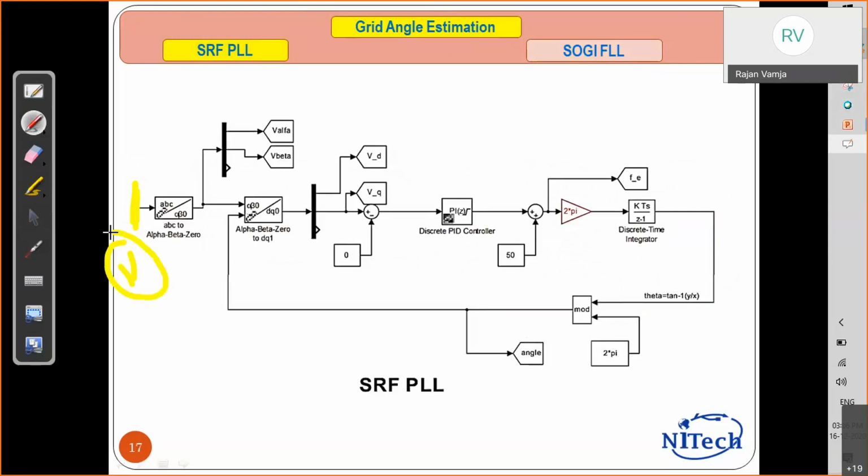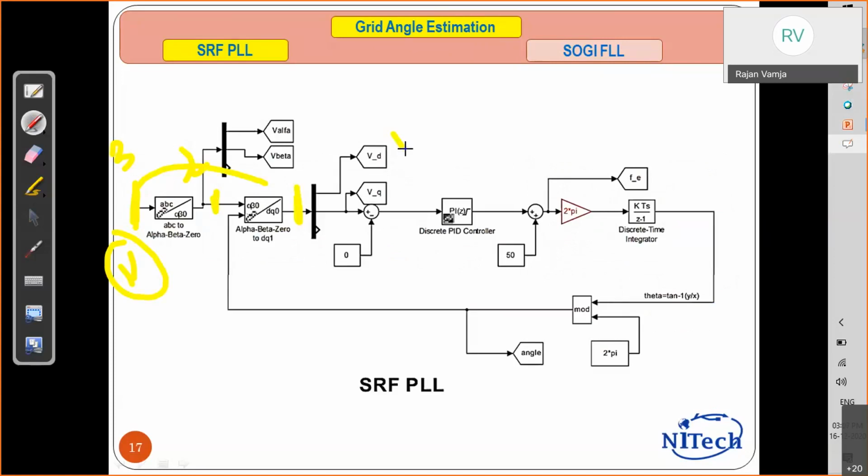So we are converting abc to alpha beta, then alpha beta to DQ. This is 3 phase to 2 phase and 2 phase rotating. So now here 2 values we are having.